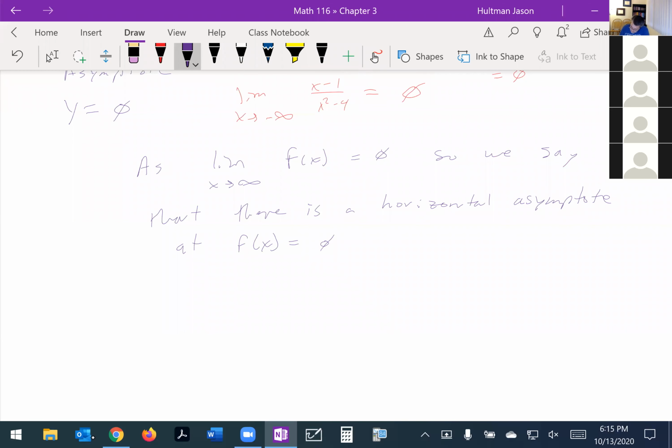The limit as x approaches negative infinity of f of x is also equal to 0, as well.